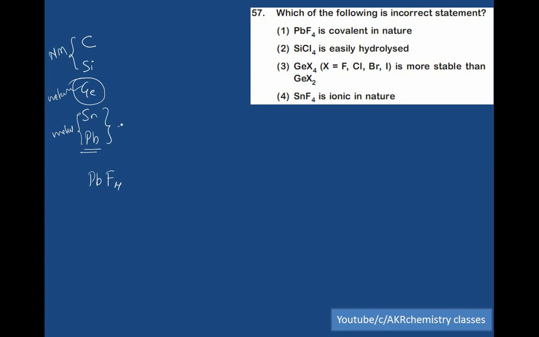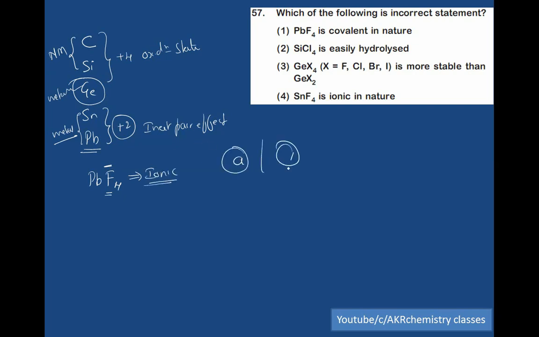Actually these two elements are more stable in the +2 oxidation state due to the inert pair effect, and these three elements are more stable in the +4 oxidation state. As we move down the group, +4 oxidation stability decreases and +2 oxidation stability increases, but lead has the ability to form the +4 oxidation state with fluorine. Lead is a metal, fluorine is a non-metal and highly electronegative, so it is ionic in nature but not covalent. Therefore option A, the first one, is the right answer.